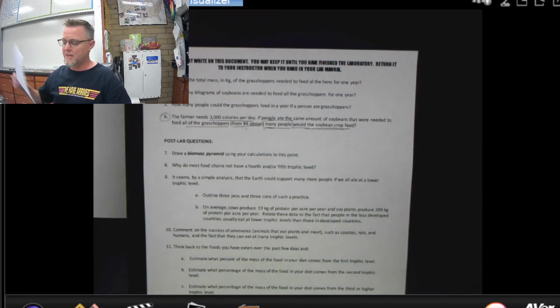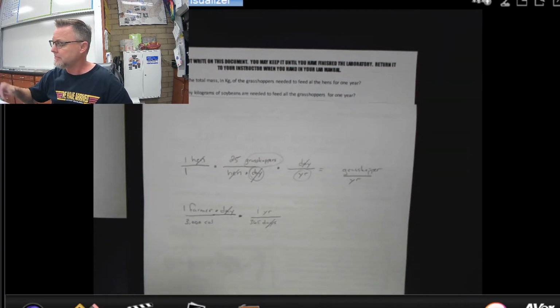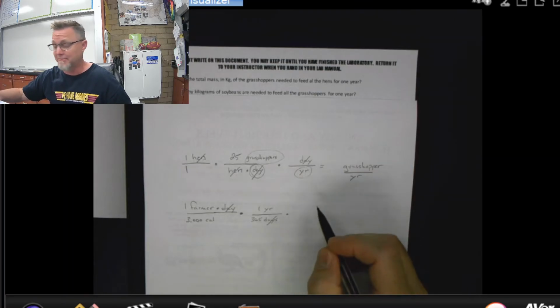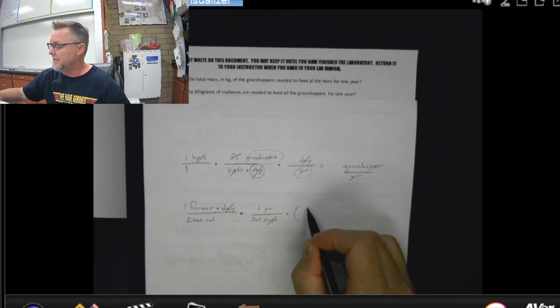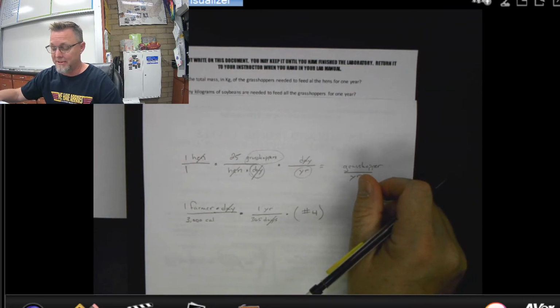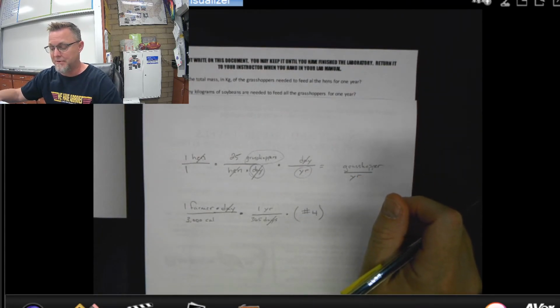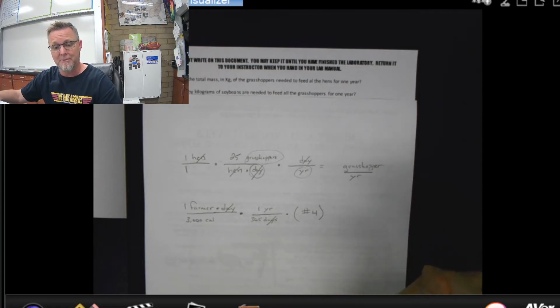So the volume of food that I solved from number 4, the answer is going to go in here. I'm going to leave it like that because I don't want to give you the answer to number 4. I want you to solve for number 4.